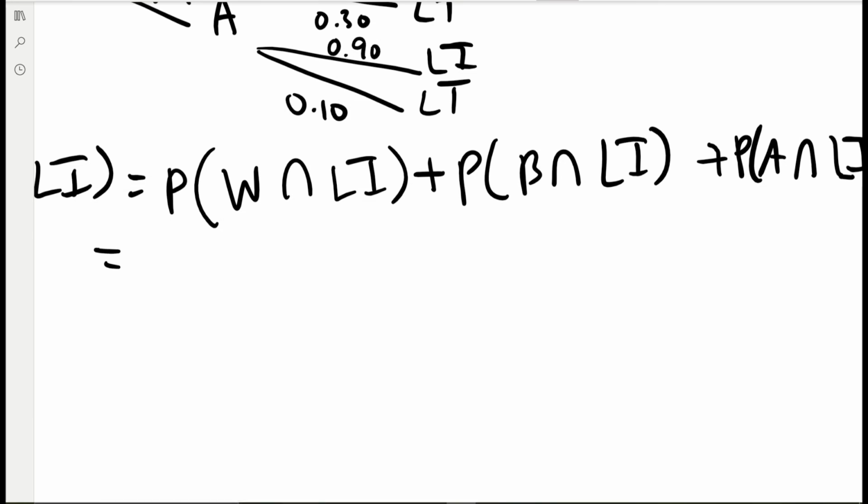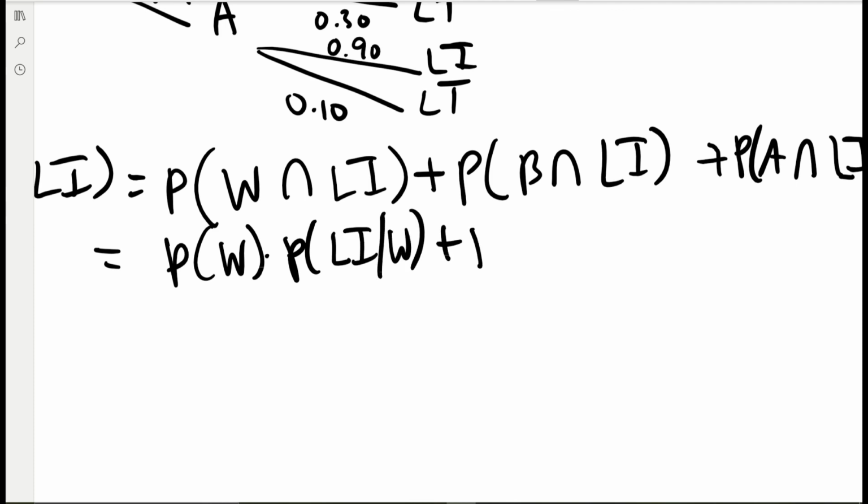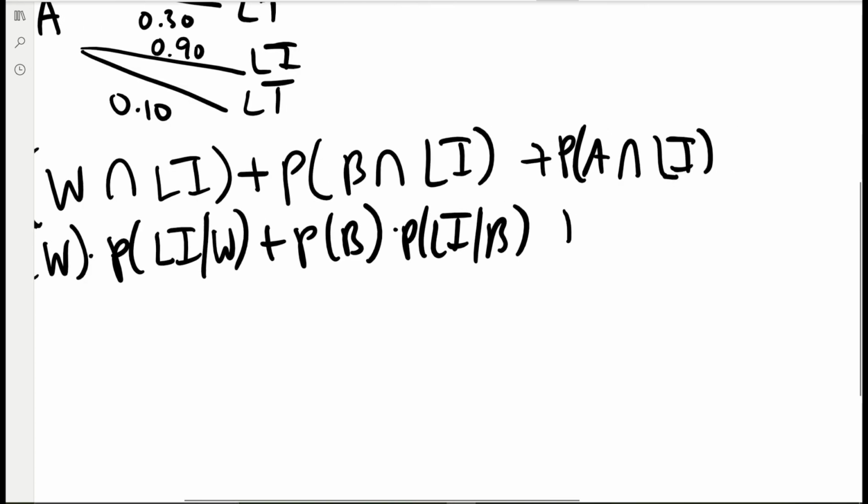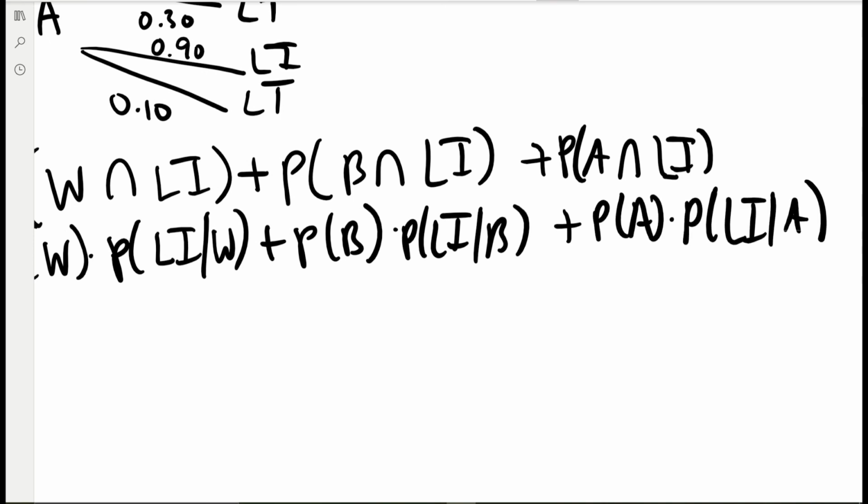Which means that we have three multiplication rules. We have to do the probability of W times the probability of lactose intolerant given W, plus the probability of B times the probability of Li given B, plus the probability of A times the probability of Li given A.